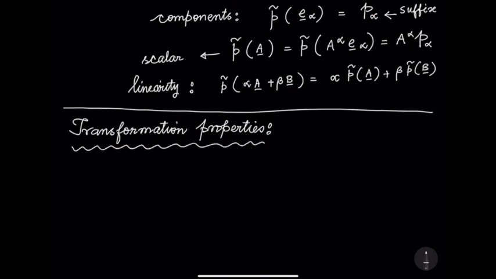Some we have already seen, so let me write those down in the left hand side. We have seen how the unit vector transforms. This transforms with a lambda, which is like this, and the components of the vector transform the exact opposite way. The components of the vector have an inverse transformation property to that of the unit vector.